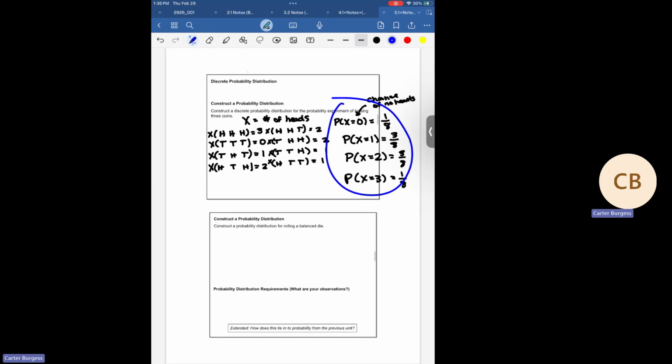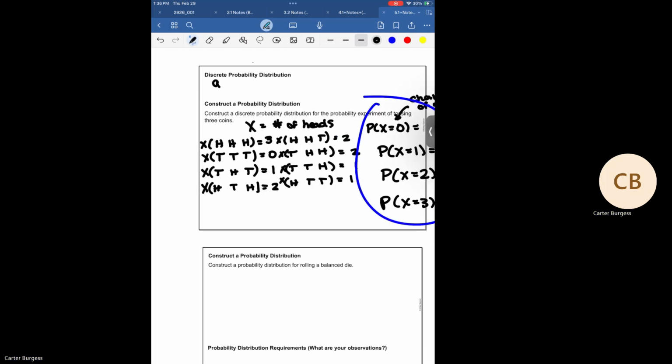But for our discrete case, notice that what we are doing here is a function, which we will define, of x at a particular value of x.